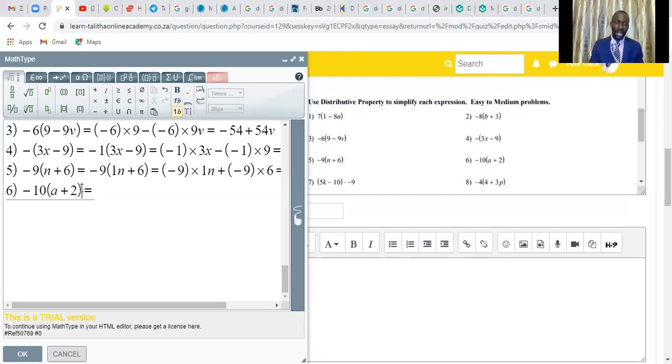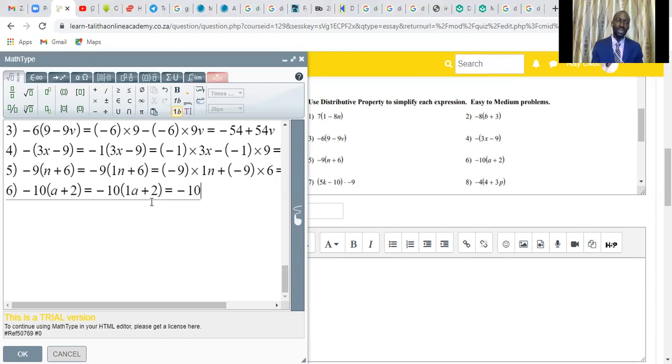So I would like us to write that value of a with 1 as a coefficient, so that we then have these quantities times 1a. This way we can move on to do the distribution. The distribution in this case will be the -10 must be distributed onto 1a, and the -10 must also later be distributed onto a 2.